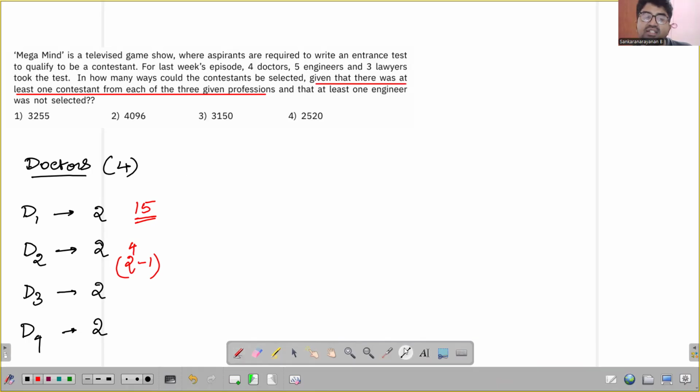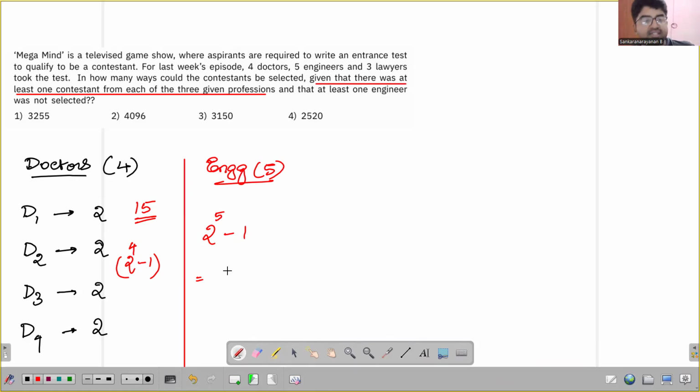And I can extend the same when we consider the 5 engineers. Same scenario, 5 engineers are there. So the total number of ways that I can deal with the engineers will be 2 power 5 minus 1. 2 power 5 is 32, minus 1, this will come as 31.